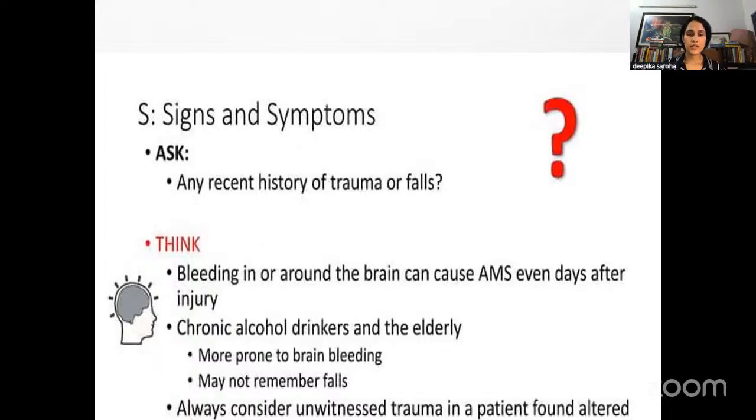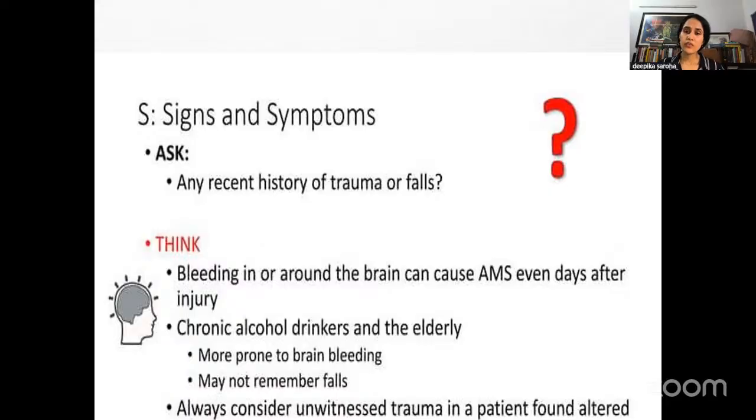Whether there was any recent history of trauma and falls, these things are very important, especially in our elderly patients, because they have lost their muscle tone, they have lost their muscle mass itself, and also there is autonomic imbalance in these patients. So they have a trivial fall, eventually leading to trauma, eventually leading to intracranial bleed also, because these patients already have diabetes, hypertension, and are on antiplatelets or medications like blood thinners also.